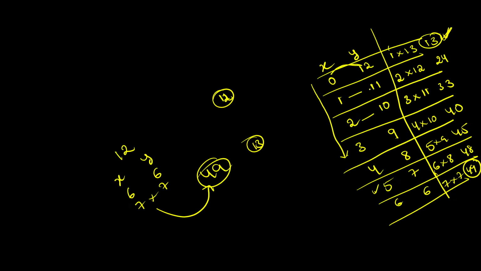The difference between 1 and 11 is 10. 10 is less than 12. Here it's 8. Here it's 6. And here it's 0. So the difference between the cuts that you make through x-axis and y-axis is minimum, and the number of parts that we are going to get will be the maximum.